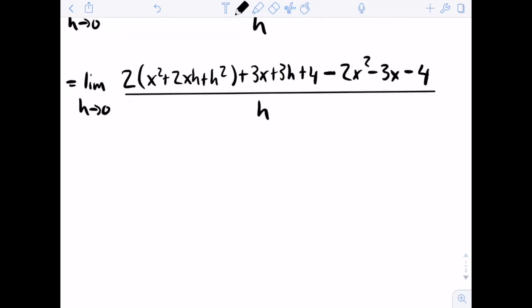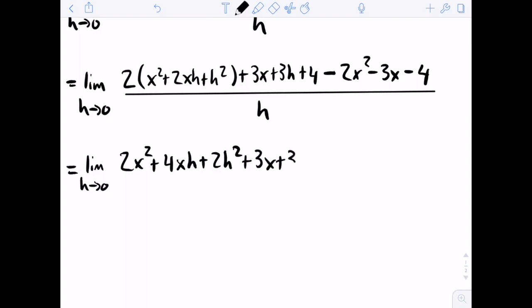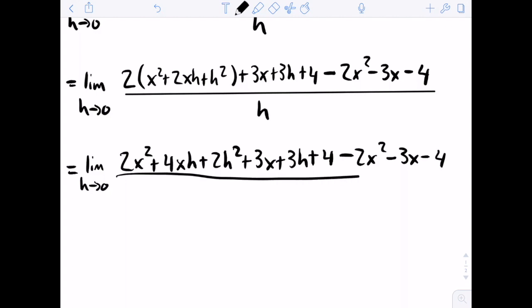Okay, so just to make this really clear, we'll distribute that 2 in. So we'll have 2x squared plus 4xh plus 2h squared plus 3x plus 3h plus 4 minus 2x squared minus 3x minus 4 all divided by h.